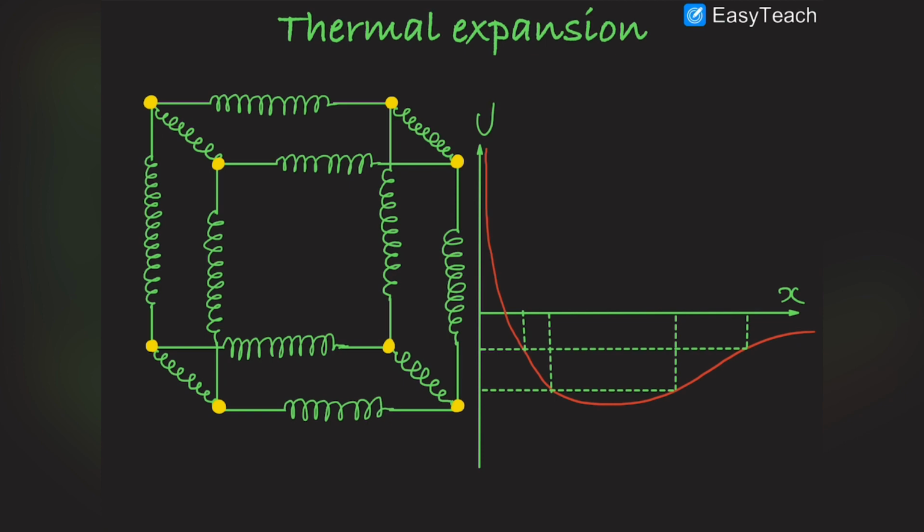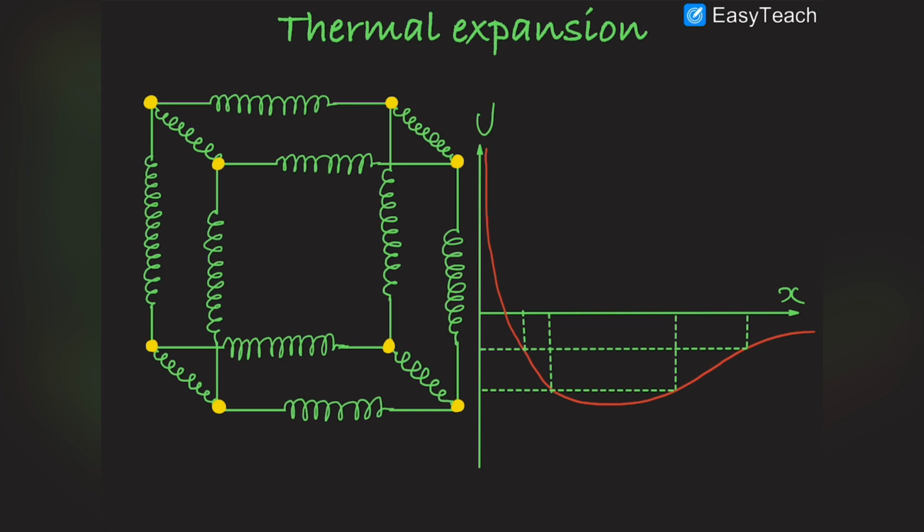We know that in SHM the average displacement is 0. So if we seize all the atoms and fix them on their mean positions, then the length of the pen will be the length which you are watching in front of you. So this is the average length.